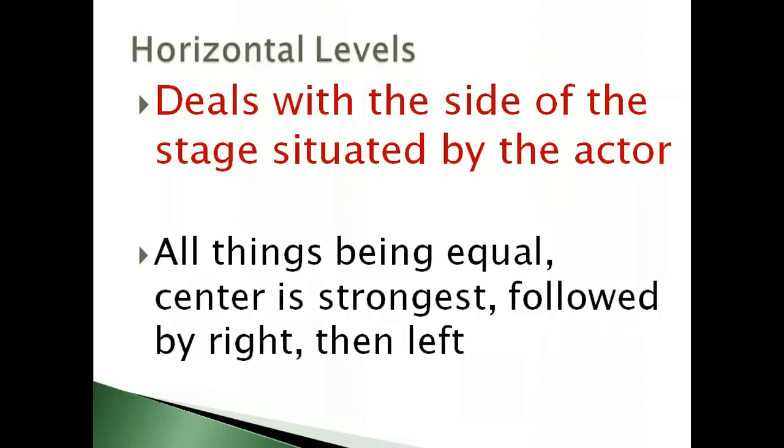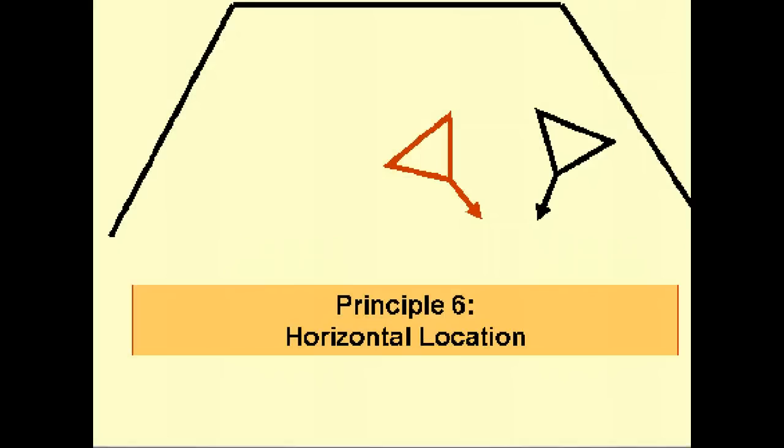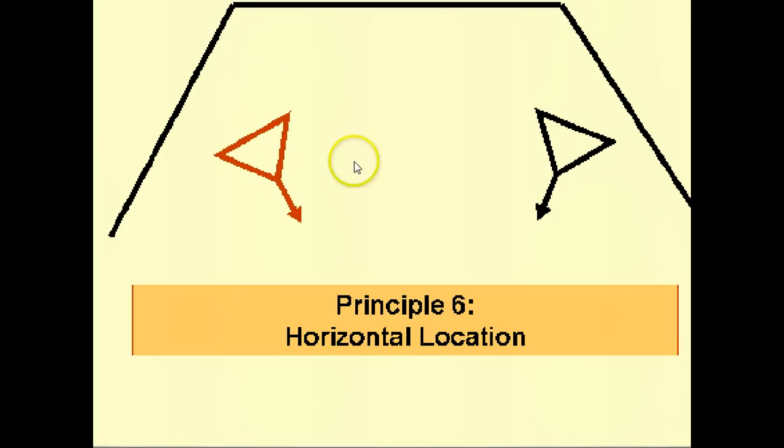And I'll see if I can show you this. Okay, here you have two actors, and both of these actors are on stage left, and what you'll see in the little movie here, that this actor, by crossing stage right, by going to the stage right side of the stage, is going to create more focus. And so all things being equal, this actor is going to have more focus than this actor.